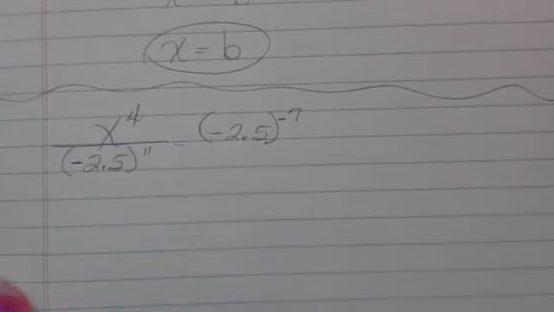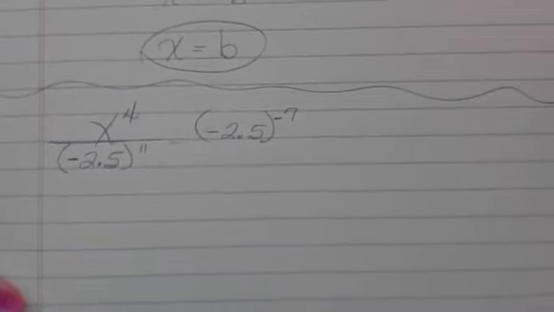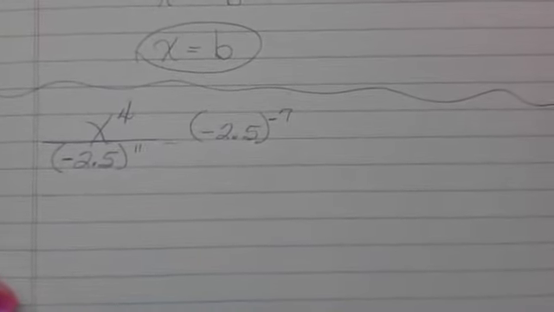I'll write the question down. 2.5 to the 11th power equals -2.5 to the -7 power. If you don't have a worksheet, this is the problem we're working right now. I'll give you a chance to write it down. Those of you on YouTube can pause it.